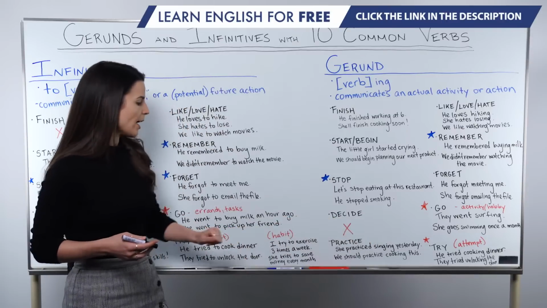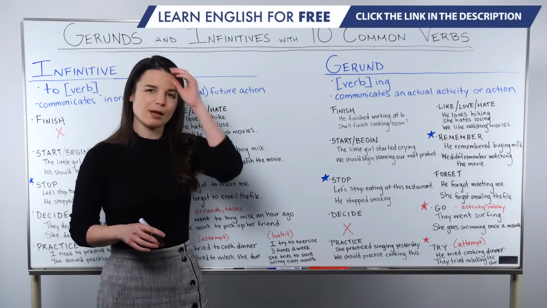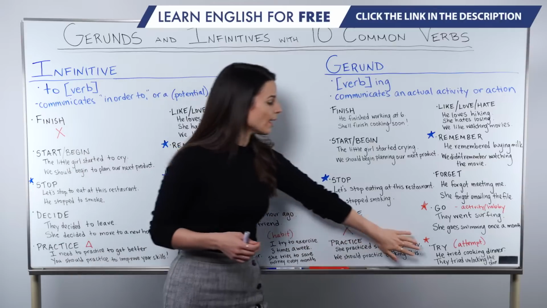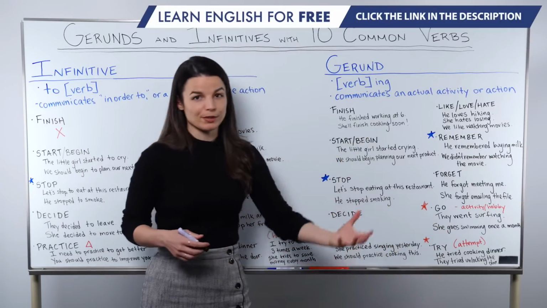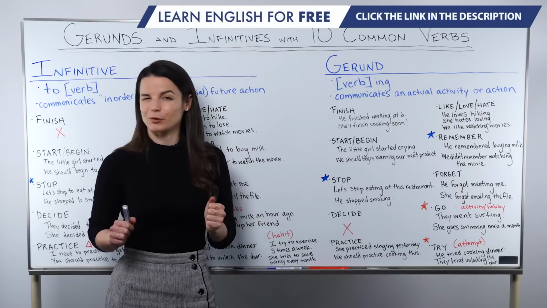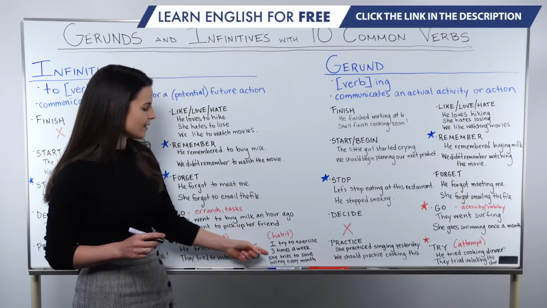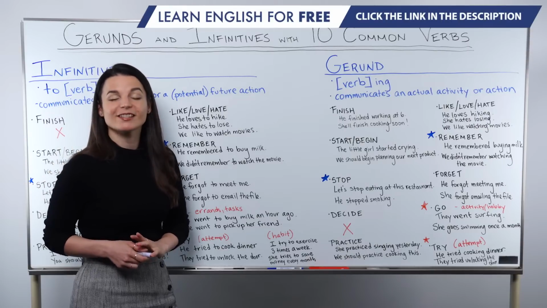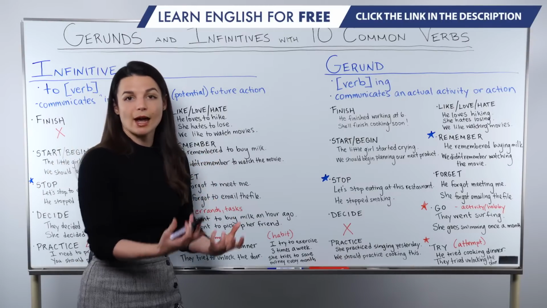For example, I try exercising 3 times a week. That sounds very strange because we generally use try to refer to attempts when we use the gerund form. And our second example, she tries to save money every month as a habit.